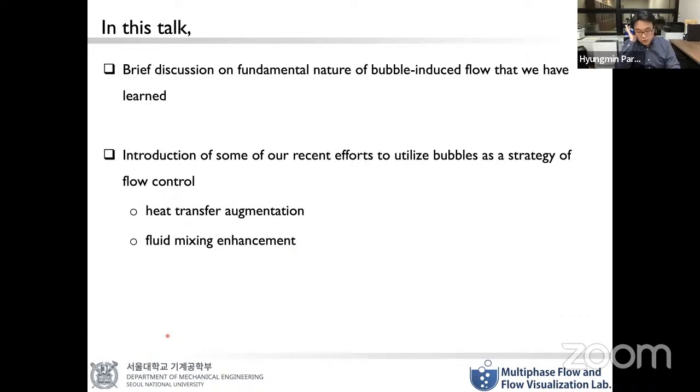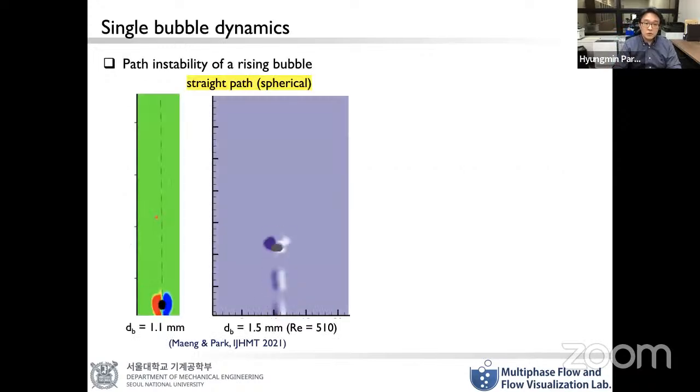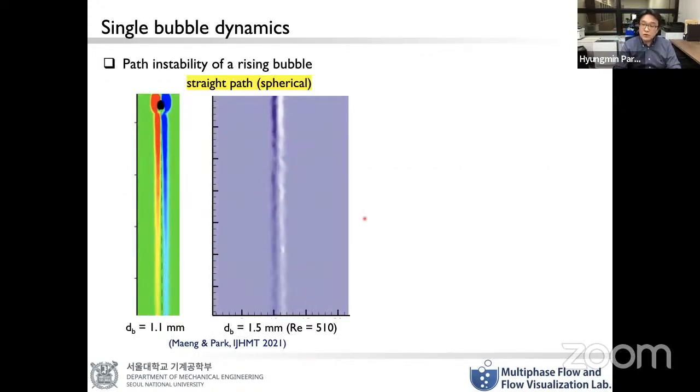Okay, so in this talk, I'm first going to briefly discuss some fundamental nature of the bubble-induced flow that we have learned so far. And then I'm going to introduce two of our recent efforts to use bubbles as a tool of flow control. One example is heat transfer augmentation, and the second is about fluid mixing enhancement using bubbles. So let's start with the most simple problem.